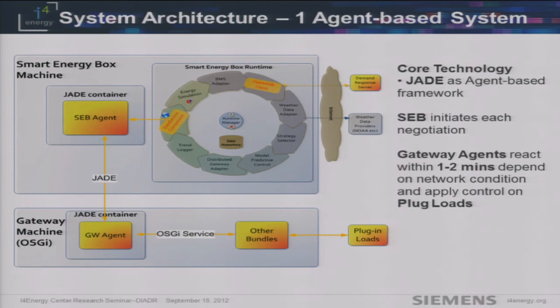Talking about the communication with the smart energy box, we are using an agent-based framework called JADE for the communication and negotiation. We call it negotiation because the gateway is not just simply applying a control which it got from the smart energy box. What the gateway gets is just a number: after the negotiation, the smart energy box would give me a number.